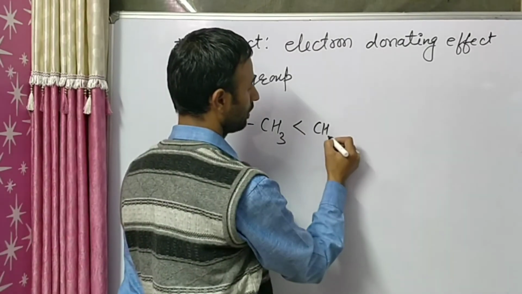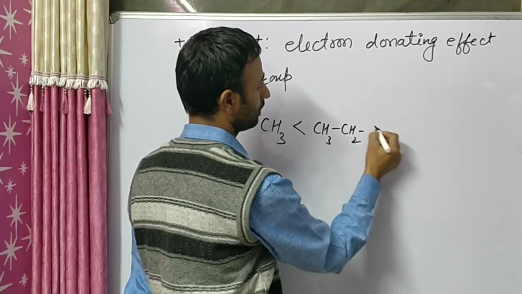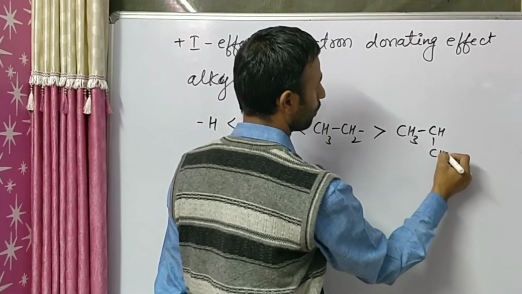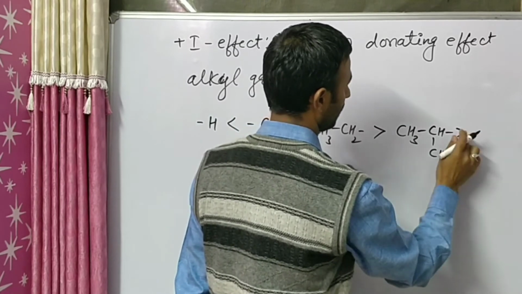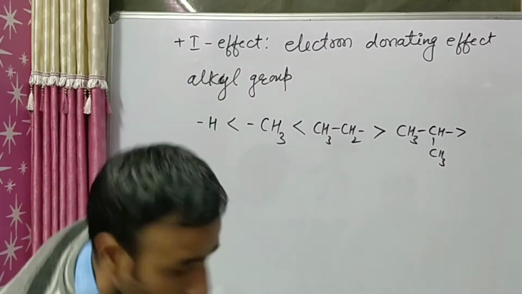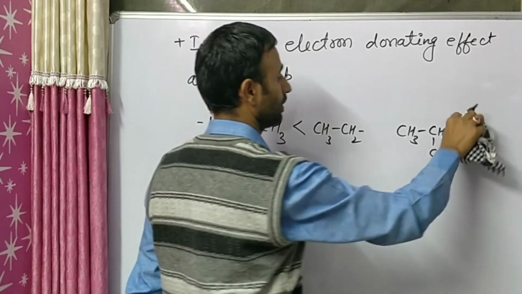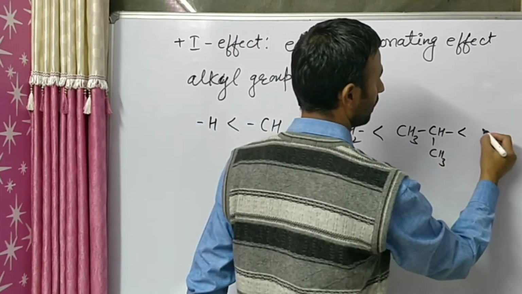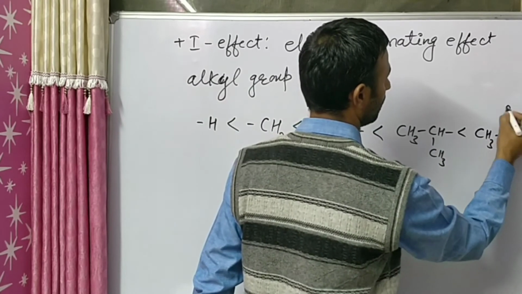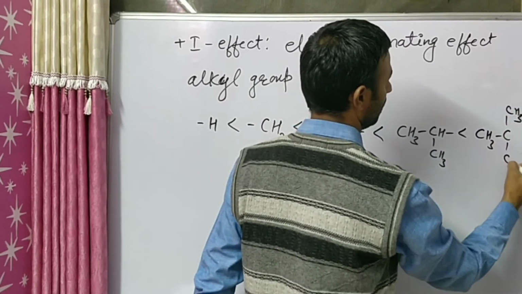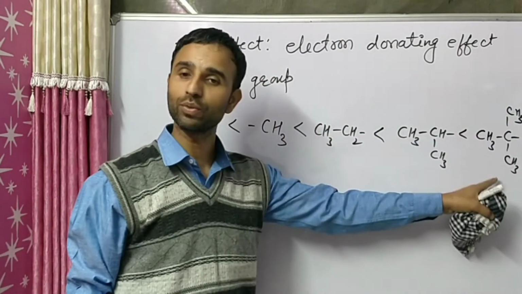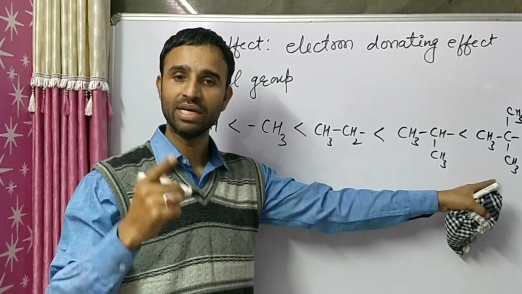ethyl, then next is isopropyl, and it is increasing order. Then next is tertiary butyl. So the more the number of methyl groups, the more the plus I effect.